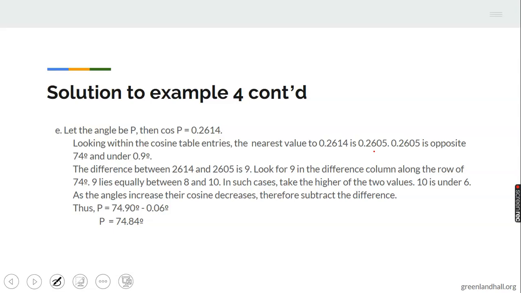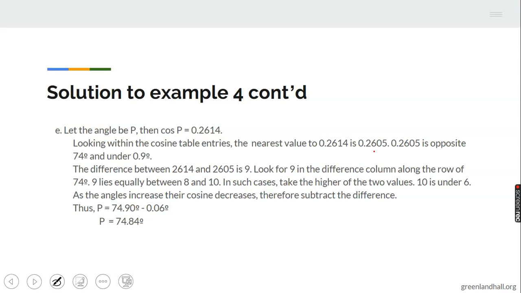So you go to your difference column, still under 74.9, and look, where do you have 9? Do you have 9? No. But we have 8 and 10. We know that in between 8 and 10, we have 9.